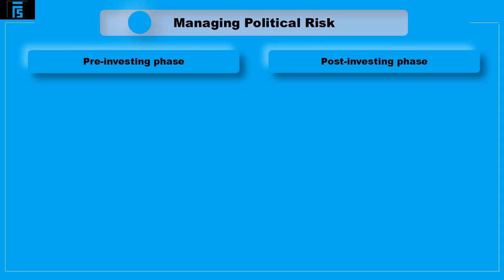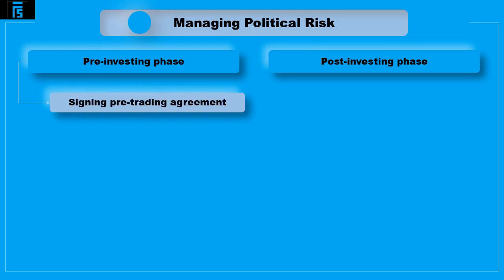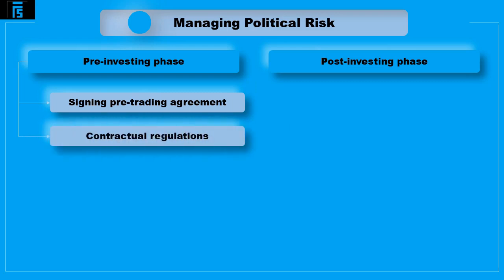Among the actions typically taken in the pre-investment phase is the signing of a pre-trading agreement with the government of the host country. The aim of such an agreement is to contractually regulate and thus stabilize the factors which are deemed critical to the functioning of the subsidiary, such as rules related to dividend policies and the remittance of cash flows.